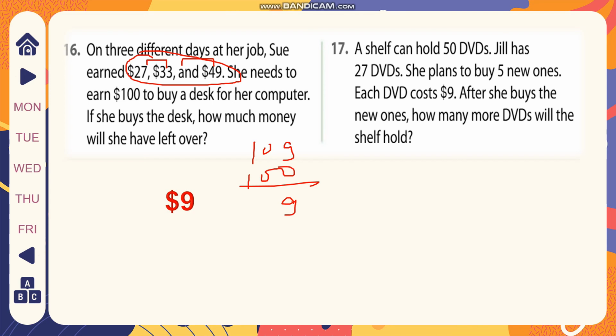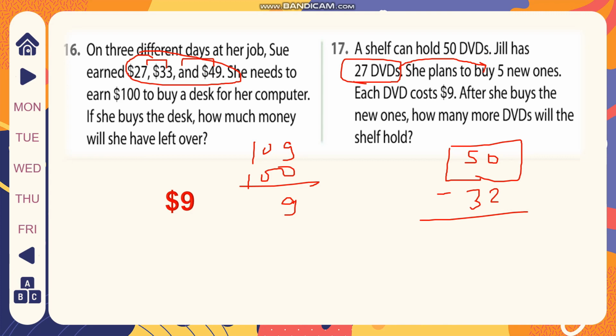Okay? Next, number 17. A shelf can hold 50 DVDs. Jill has 27 DVDs. She plans to buy 5 new ones. Each DVD costs $9. After she buys the new ones, how many more DVDs will the shelf hold? So if this is the shelf that holds 50 DVDs and she has 27 DVDs plus she is planning to buy another 5, so 27 plus 5, that is 32.